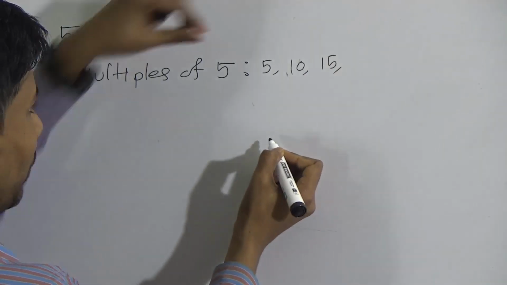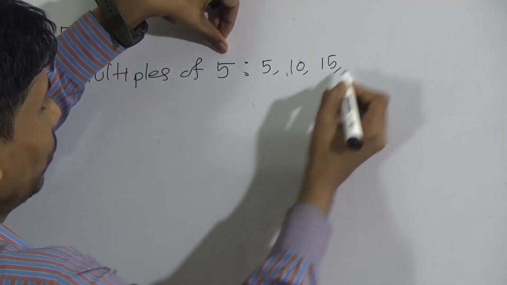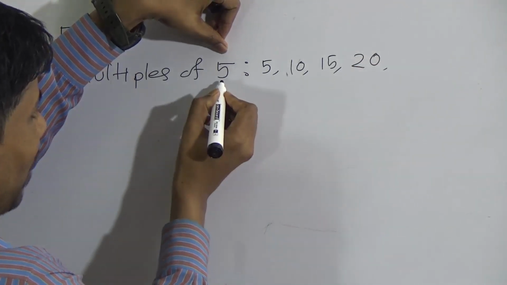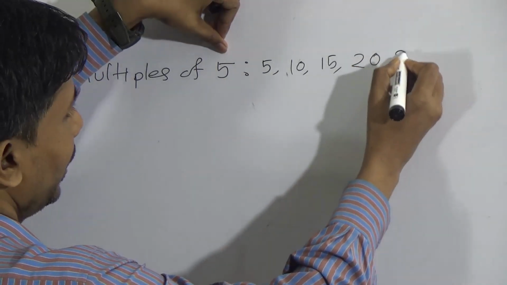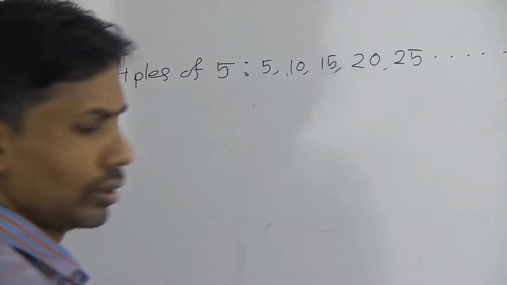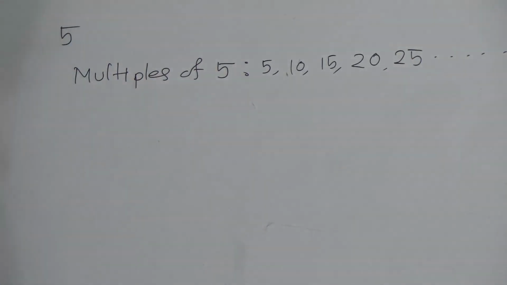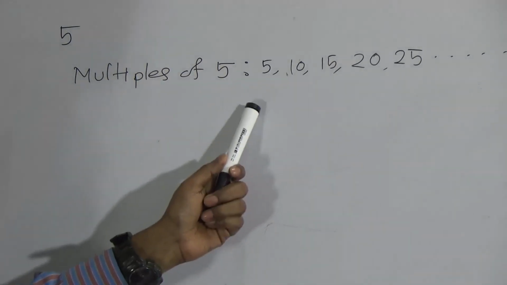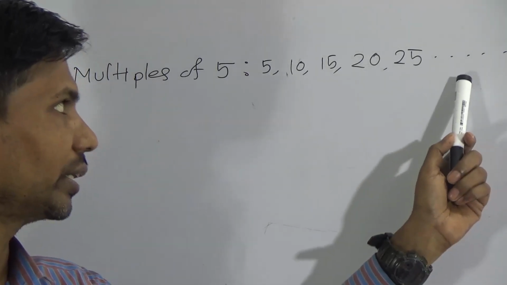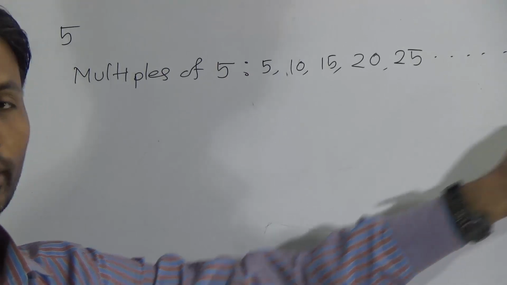Similarly, when we multiply by 4, we get 20. Again, if you multiply 5 by 5, we get 25. This is called multiples of 5. That means multiples of 5 equal 5, 10, 15, 20, 25, 30, 35, 40, like this way.